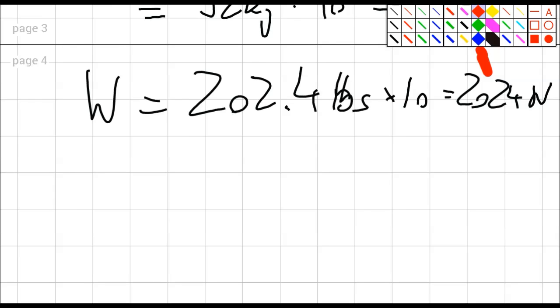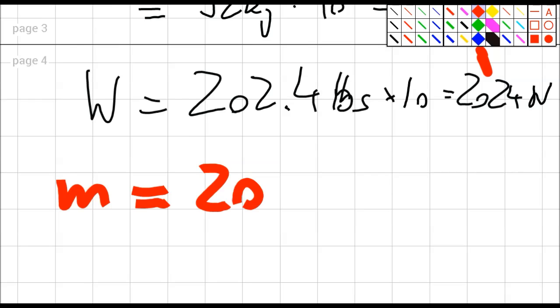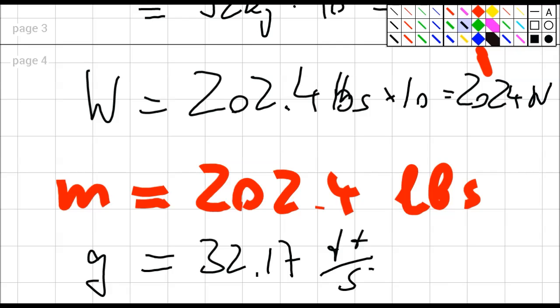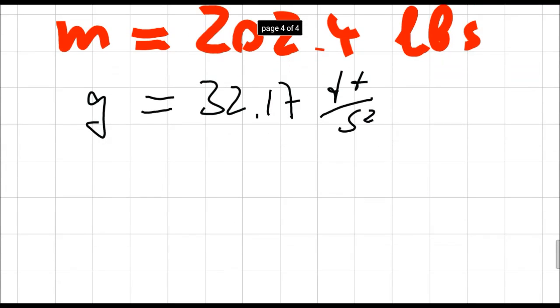The Americans calculate with the mass in pounds, so in my case 202.4 pounds. The gravitational acceleration is not 9.81 meters per square seconds or roughly 10 meters per square seconds. No, this one is 32.17 feet per square seconds. You notice they don't make a big difference in terms of time, luckily.